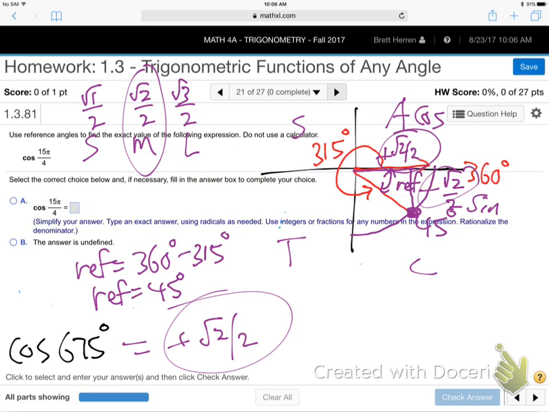A lot of work there. We had to convert the angle to degrees, then subtract the 360s, get the reference, and then find it. And it's always going to end up being, if you're doing one of these on the test or the practice test, and you get it all done, and you get some angle that's not one of the nice ones, 30, 45, 60, or 0 or 90, something nice and easy, like you get 28 or something, you messed up, because I'm not going to give you anything but the nice ones on the non-calculator part, right?